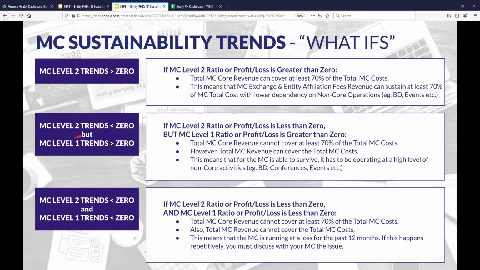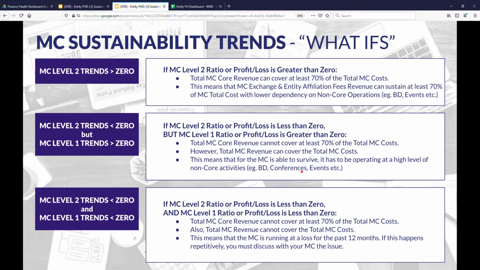Then if MC level 2 is lower than 0 but MC level 1 is bigger than 0, that means MC core revenue cannot cover at least 70% of total MC costs, but the total MC revenue can cover the total MC cost. This means in order to be able to survive, you need to operate at a high level of non-core activities.